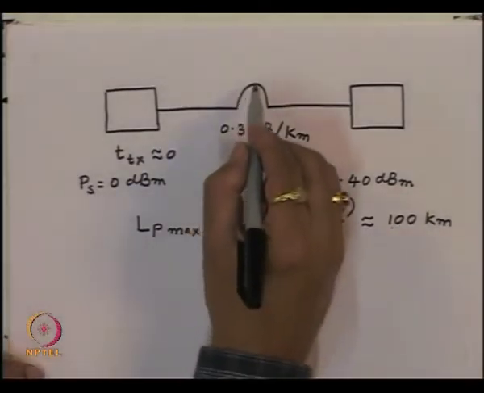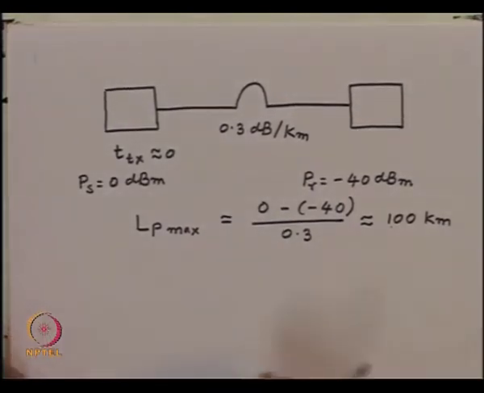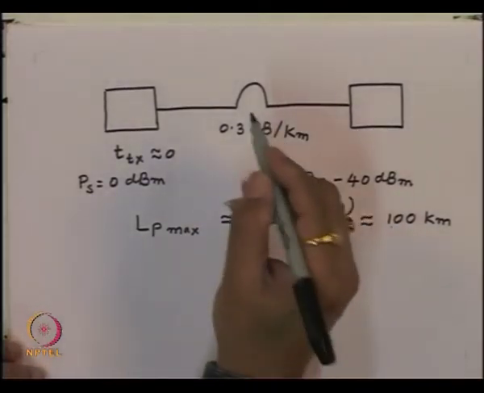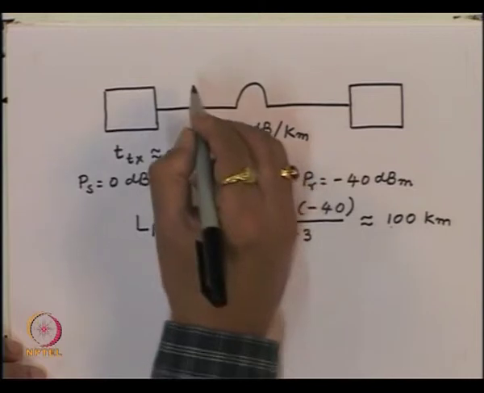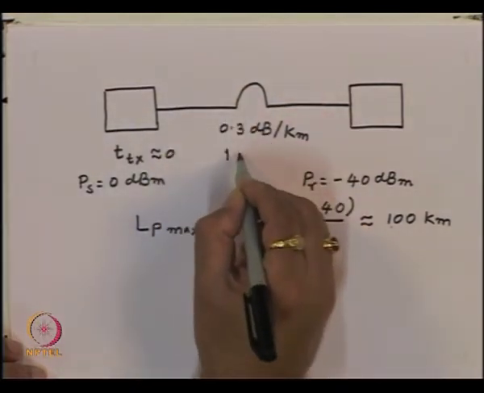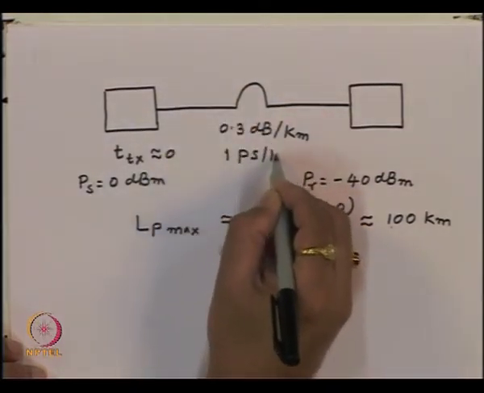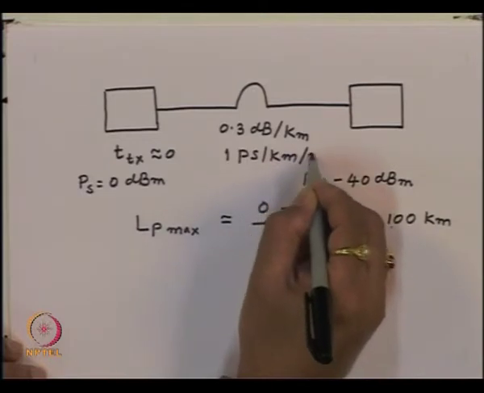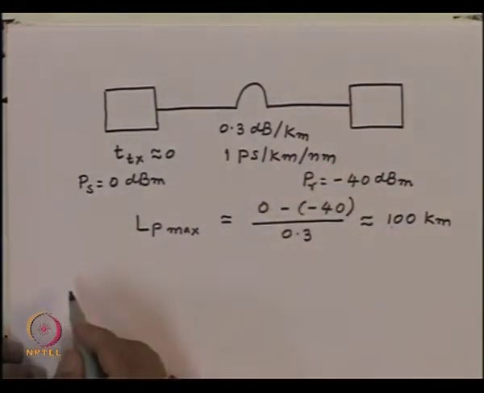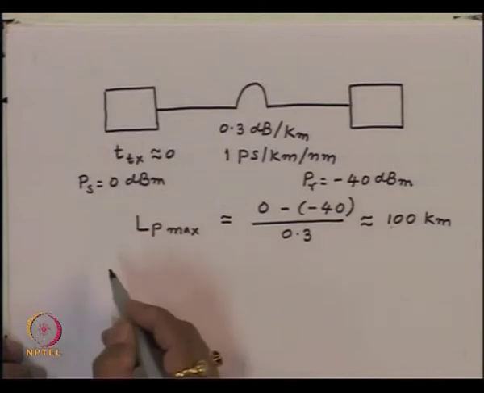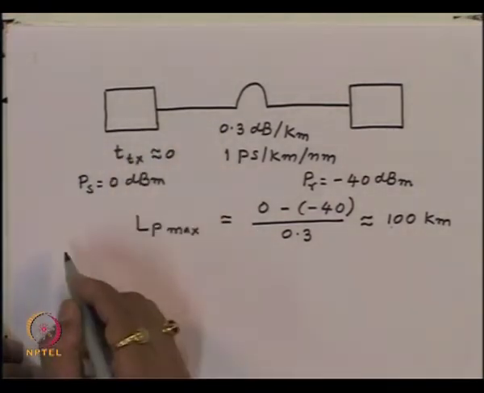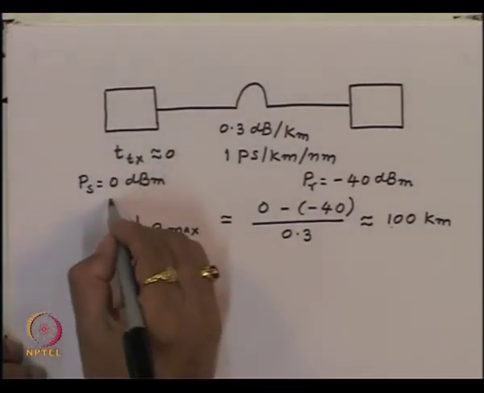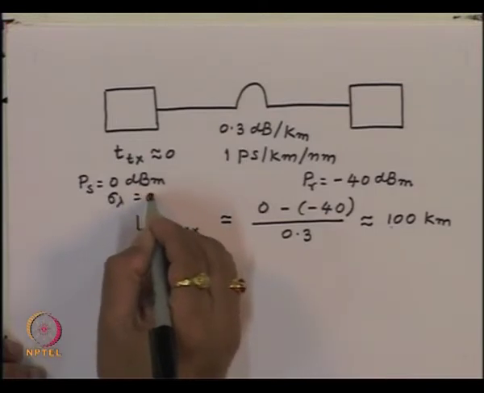Let us say this fiber is a single mode optical fiber, where dispersion is 1 picosecond per kilometer per nanometer. And let us say I have a transmitter which has a spectral width sigma lambda of 0.1 nanometer.